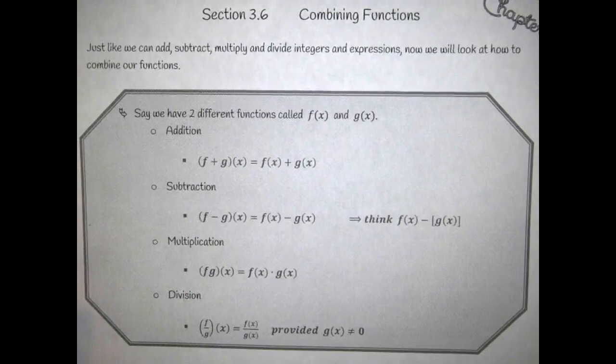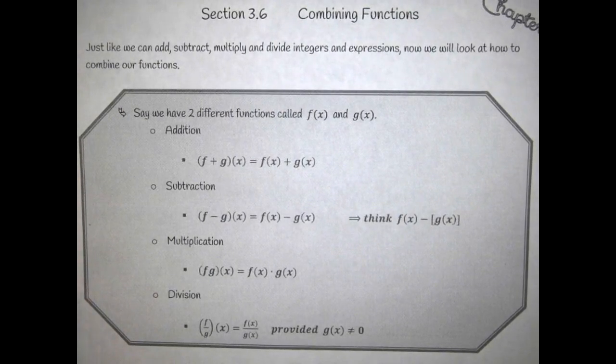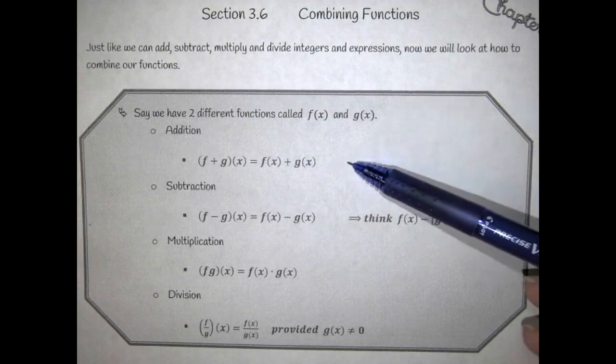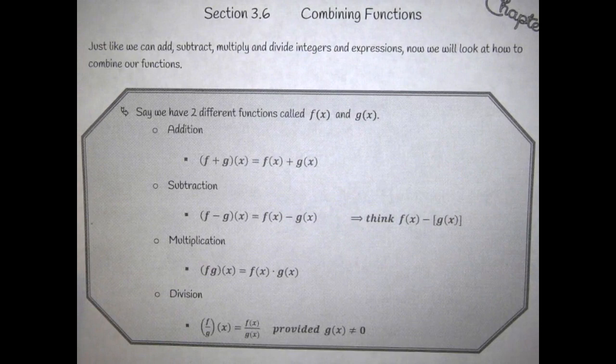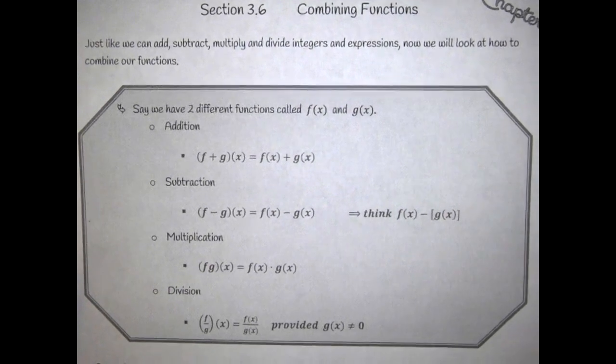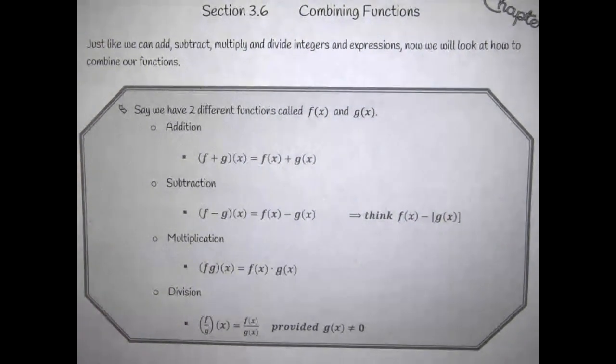When we combine functions, we can combine them in 4 different ways. We have addition, subtraction, multiplication, and division. It's the same as straight, good old-fashioned addition, subtraction, multiplication, and division when you're talking about numbers or variables.